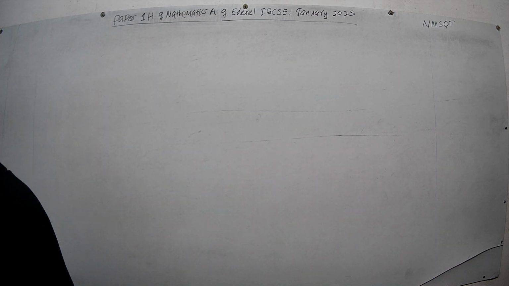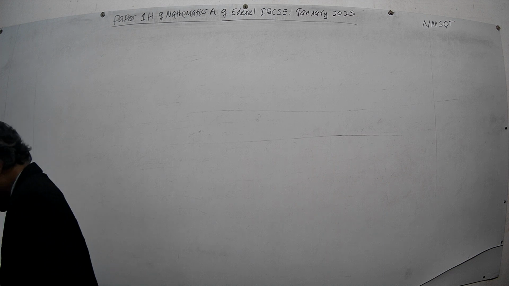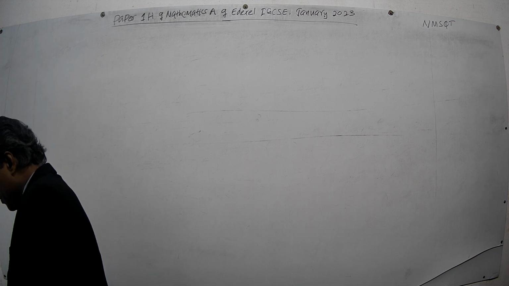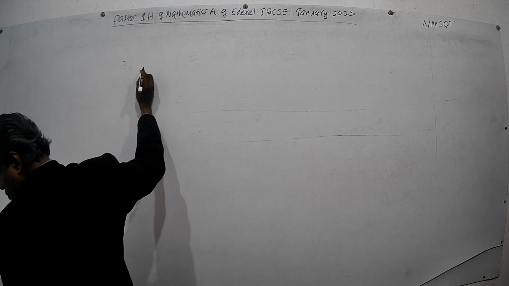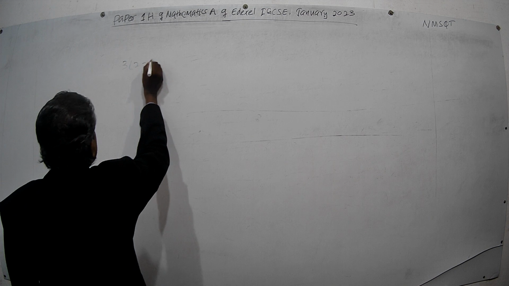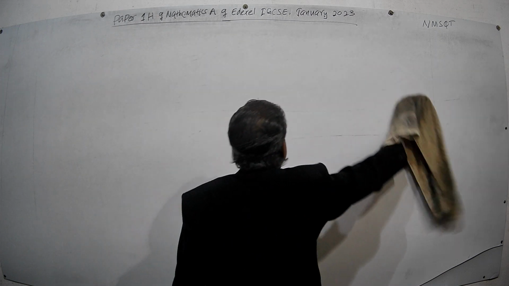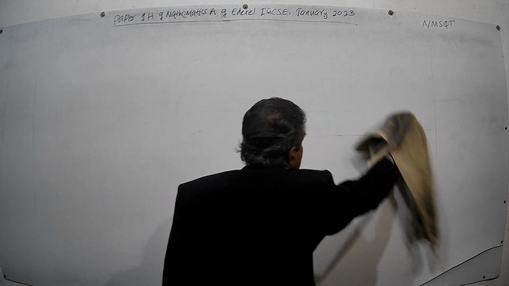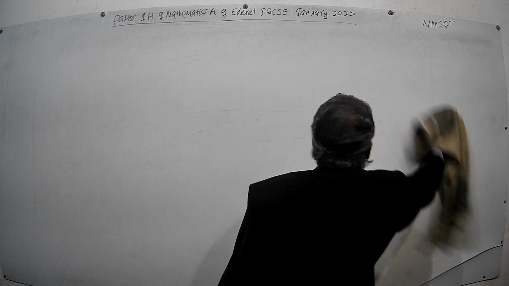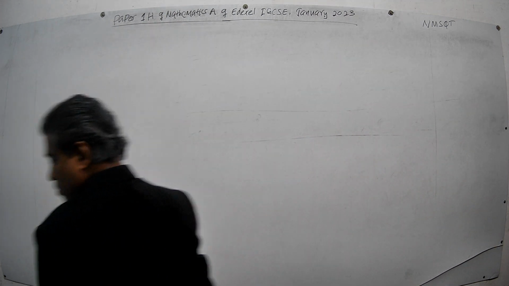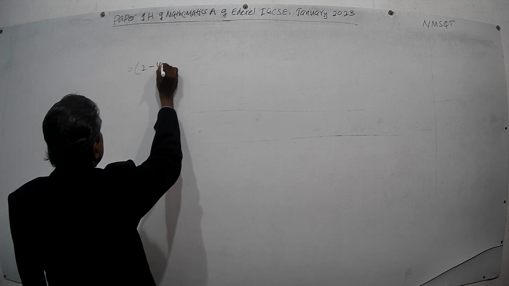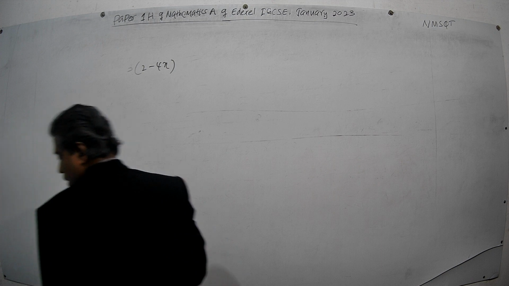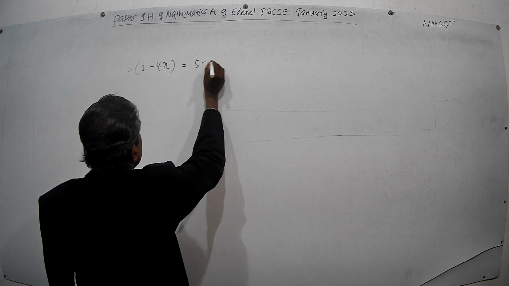Now the next question. Question number 2, solve 3 within brackets 2 minus 4x equals 5 minus 8x.